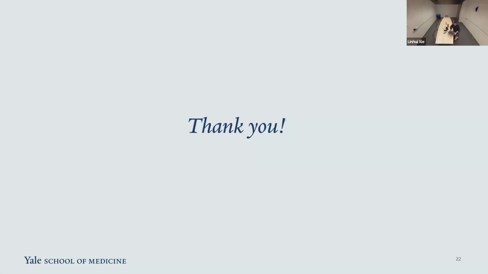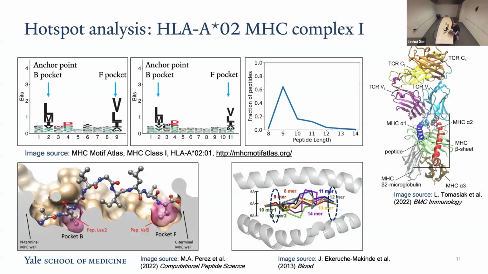Okay. Yes. So let me focus on this complex. Our entire input data is coming from the PDB database, and these are crystal structures. We have the structures for T-cell receptors and the structure for the MHC group.